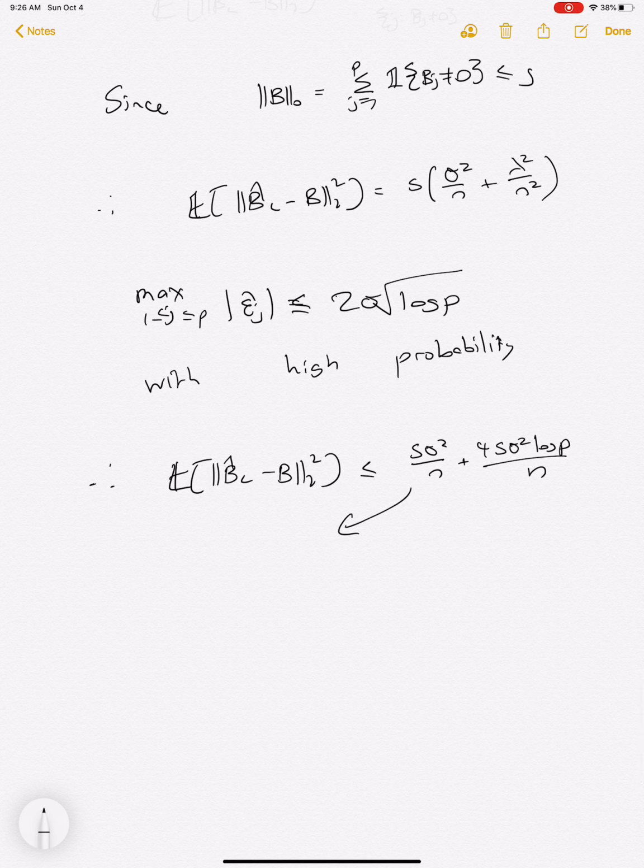and as I mentioned earlier, you can think of this first term as just the variance due to estimating the non-zero coefficients. So if you knew which of the coefficients was non-zero, then you'd get this variance of s sigma squared over n.